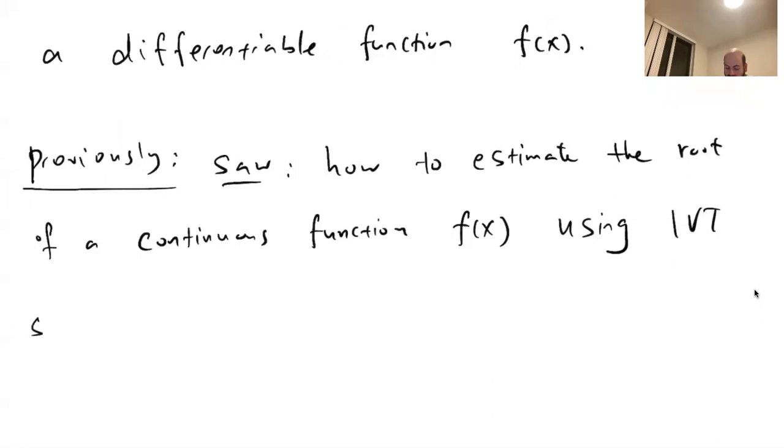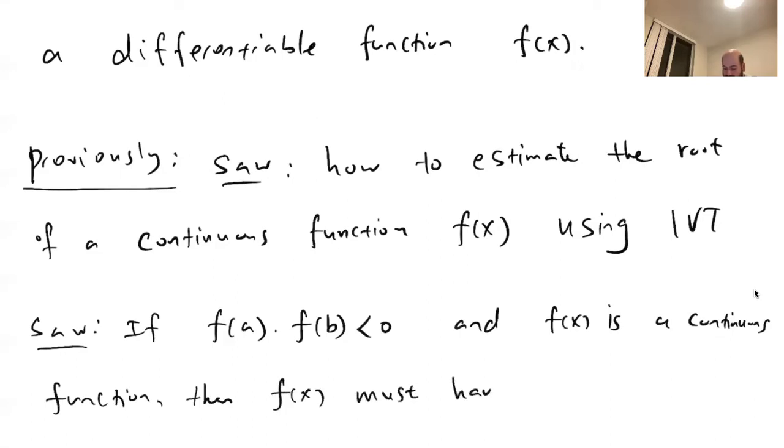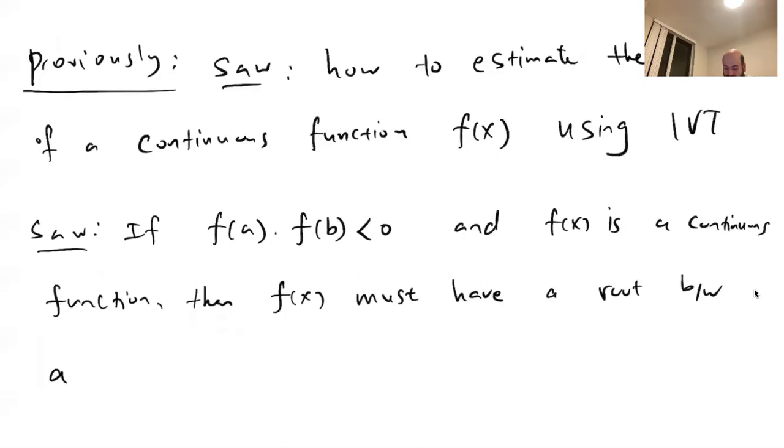We saw that if f of A times f of B is negative and f of x is a continuous function, then f of x must have a root between A and B. For example, f of -1 times f of 4 is negative.